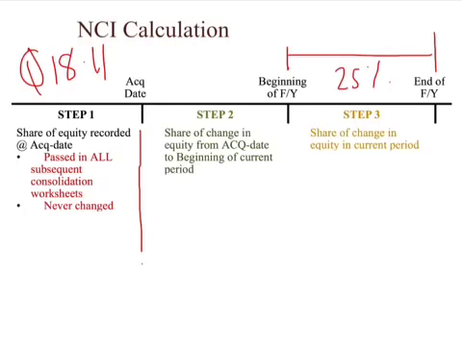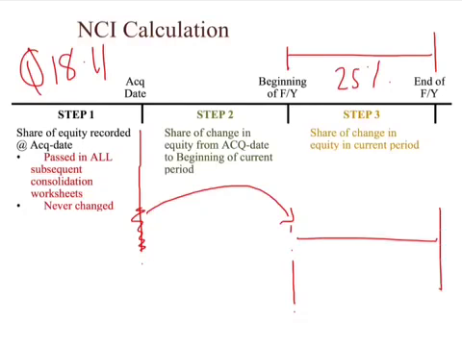Then we've covered the second step, which is any changes in these equity balances or new balances that are created in the period since acquisition date until the beginning of the current financial year. This NCI share of the changes in these equity balances is once again extracted from those equity accounts and disclosed separately as NCIs. Okay, so now we look at the accounting transactions in the current financial year.